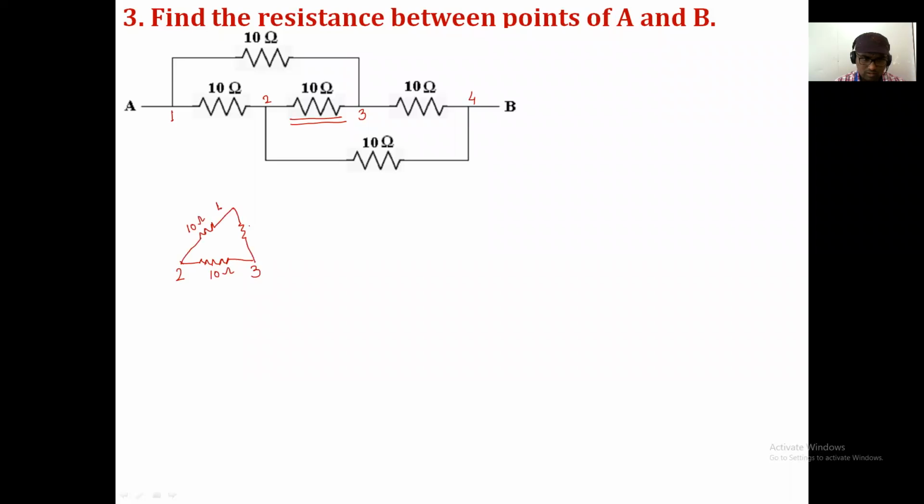So here I can write a 10 ohm resistance, and a point is connected to point number 1. Then between point number 2 and point number 4, one more resistance is there. Suppose this is point number 4, and between point number 3 and point number 4, another resistance is present, which is of 10 ohm. And this point number 4 is connected to point B.